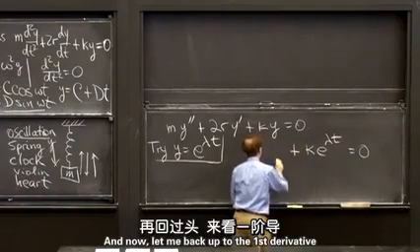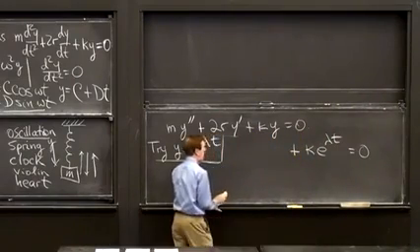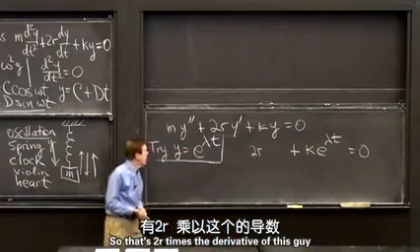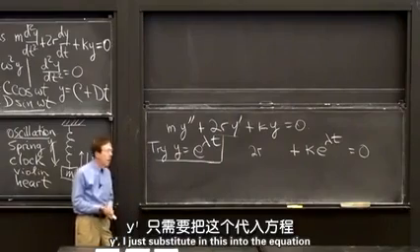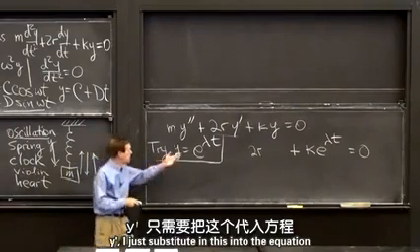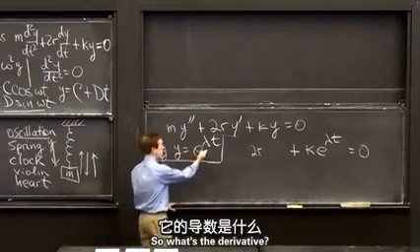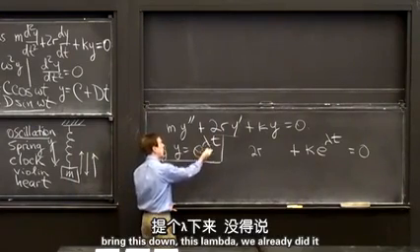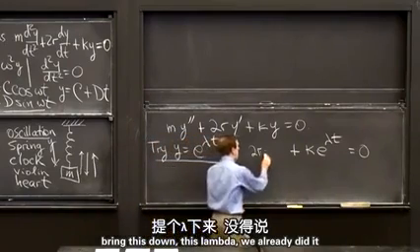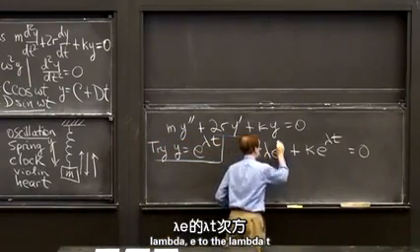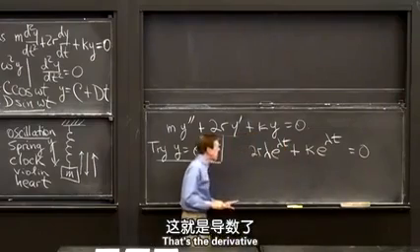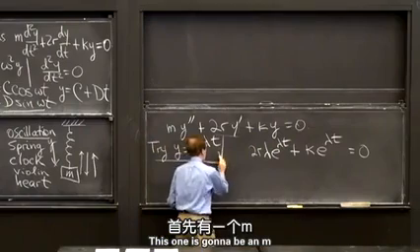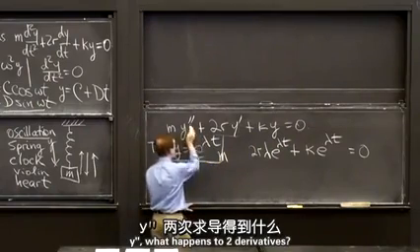And now let me back up to the first derivative. So that's 2r times the derivative of this, y prime. I'm just substituting this into the equation. We know that the derivative brings down a lambda: lambda e to the lambda t. And this one is going to be an m times y double prime.